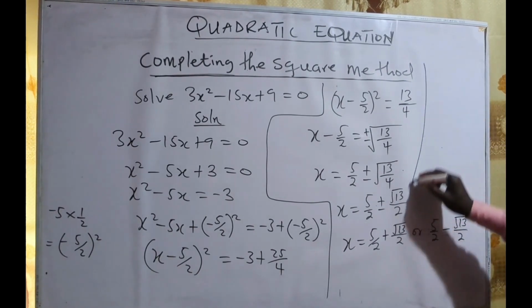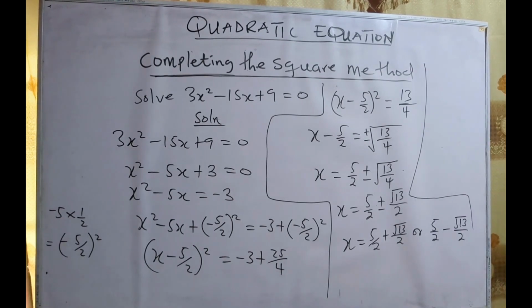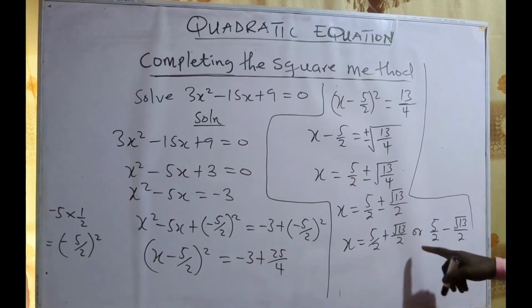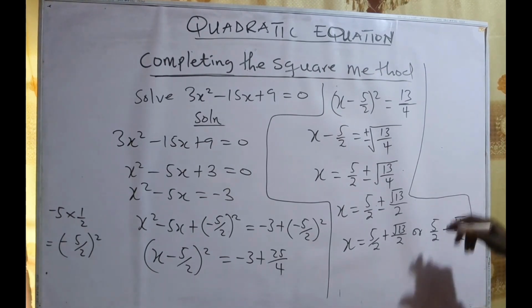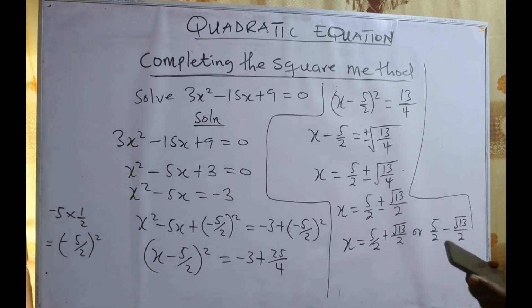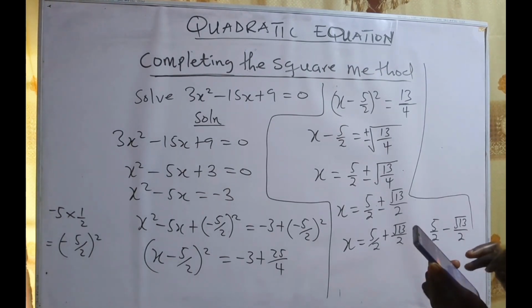So these are the two values of x we are going to have. Either x is 5 on 2 plus root 13 on 2, or x is equal to 5 on 2 minus root 13 on 2. Okay, so we can write our answer also in decimal.